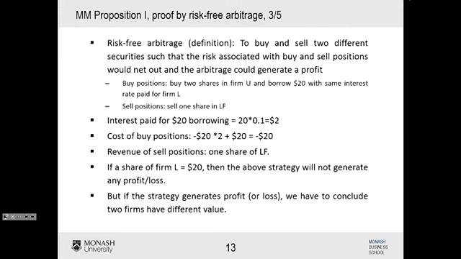But if the strategy could generate any profit or loss, we have to concede that by changing the capital structure of a firm, someone can really change the firm value. So that's one strategy, prove either A or B, black and white. There's no quibble, no arguments we can present here.